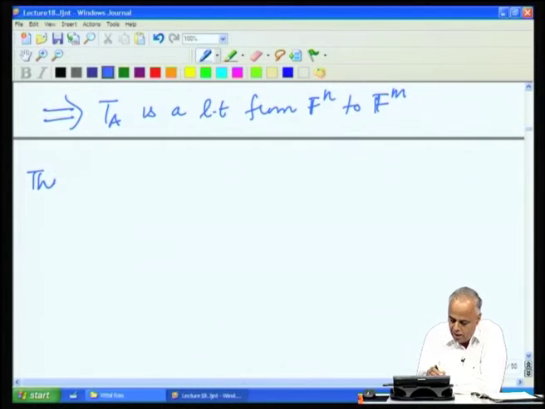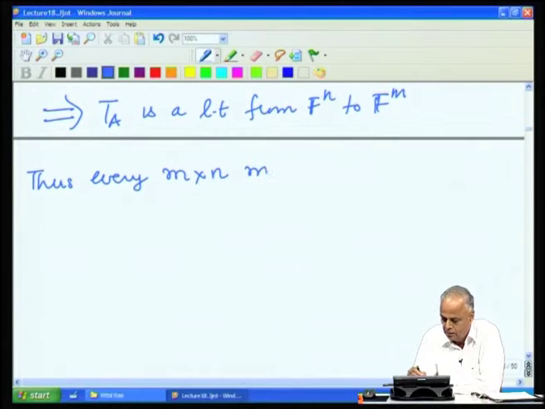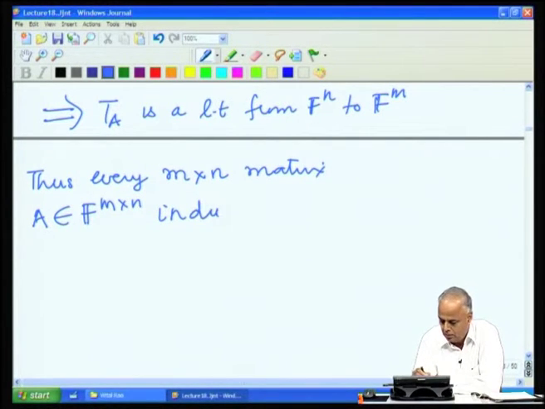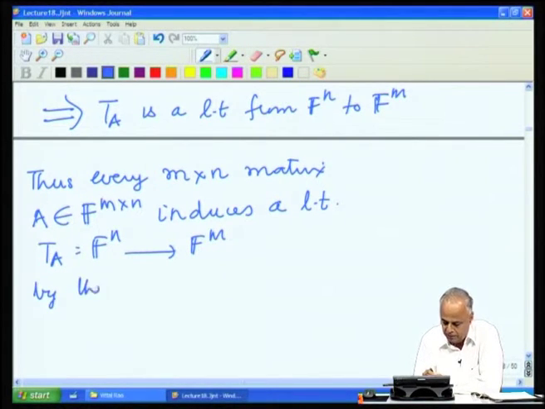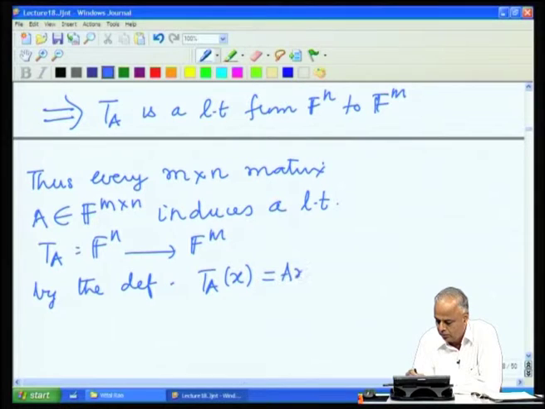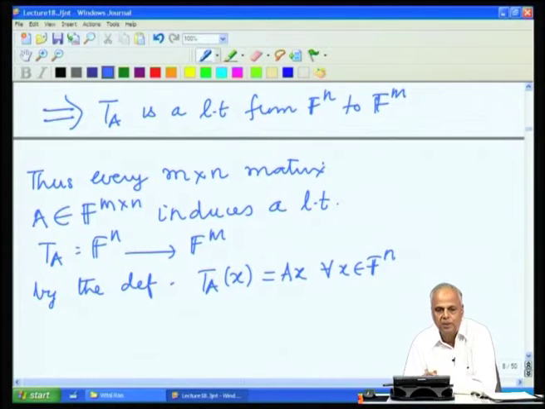Thus every m by n matrix A belonging to F^(m×n) induces a linear transformation TA from Fn to Fm by the definition TA x equal to Ax for every x in Fn. So, every matrix gives rise to a linear transformation from Fn to Fm.